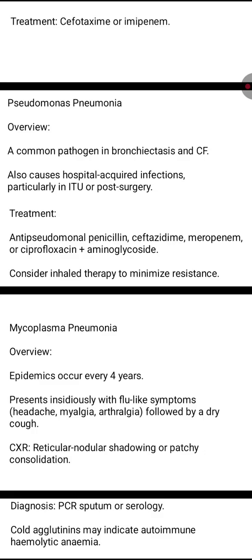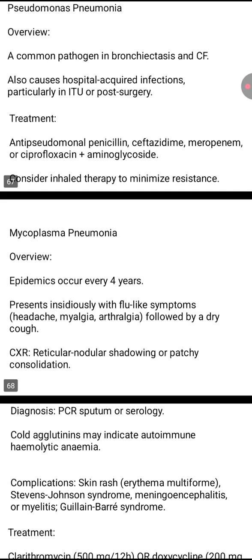The treatment for a pseudomonal pneumonia is anti-pseudomonal penicillin, ceftazidime, meropenem, or ciprofloxacin plus aminoglycoside, and consider inhaled therapy to minimize resistance.